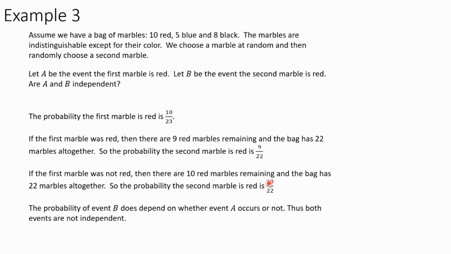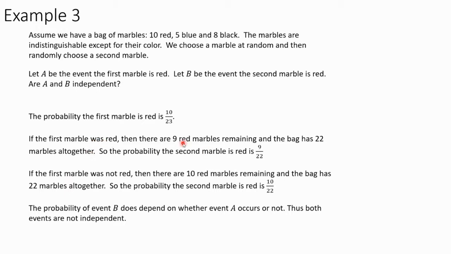Yeah, I'm just a little confused because it's 10 out of 22, right? Right, because we chose a marble that was not red, that's why. Here we're assuming that A did occur.